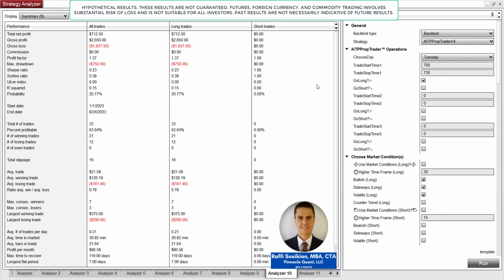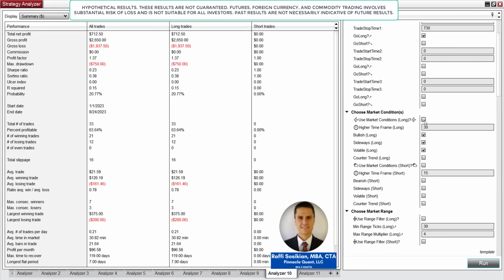And here are the results. So with market conditions selected, we previously had, in the previous back test that I just ran, 17 trades. It was 70.50%, if I recall correctly, on the percent profitable. It was far less max drawdown, and it had a higher total net profit.